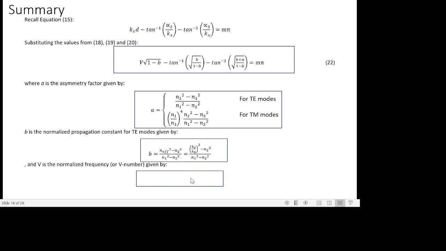And we have also developed the universal formula for the V number. And this is the so-called normalized frequency. The reason why we call this normalized frequency is because this expression is going to use the cutoff frequency.